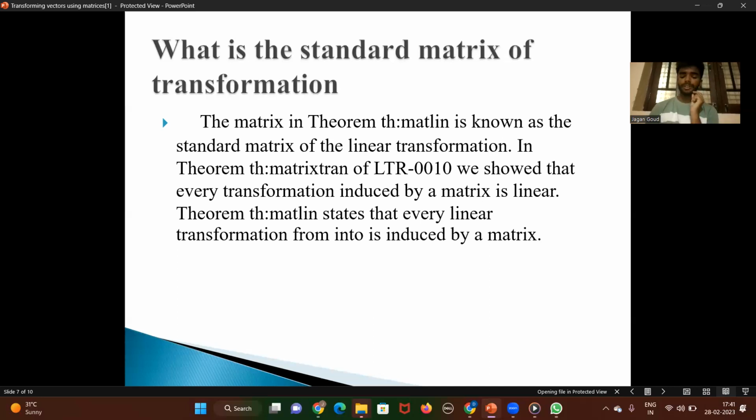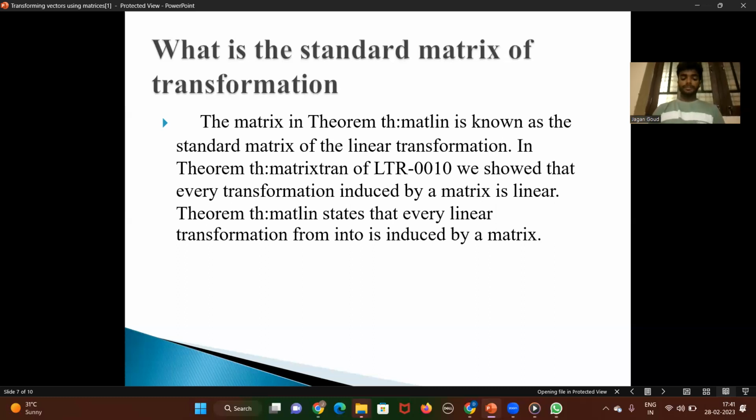Therefore, the image of every vector x under a linear transformation T is uniquely determined by the images of E1 to En. Knowing T(E1) to T(En) allows us to construct a matrix A that induces the desired linear transformation. We formalize this idea in a theorem.